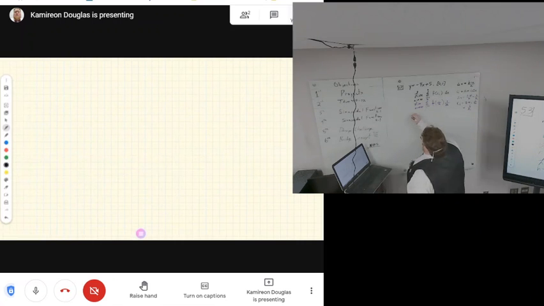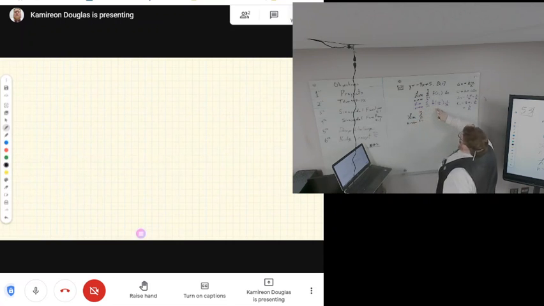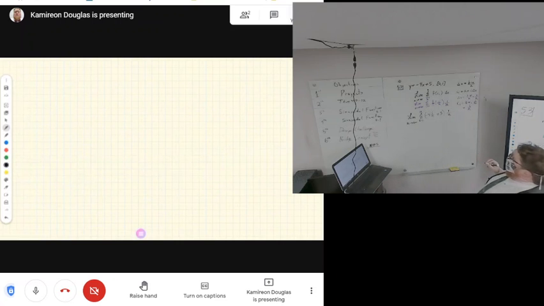My limit as n approaches infinity, summation from i equals 1 to n. f of i over n just means take i over n and plug it in for x. So negative 4 i over n plus 5, times delta x, which is 1 over n.